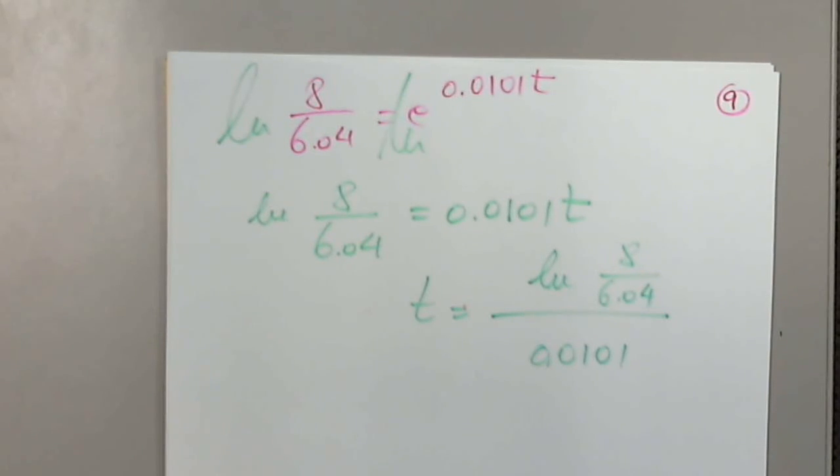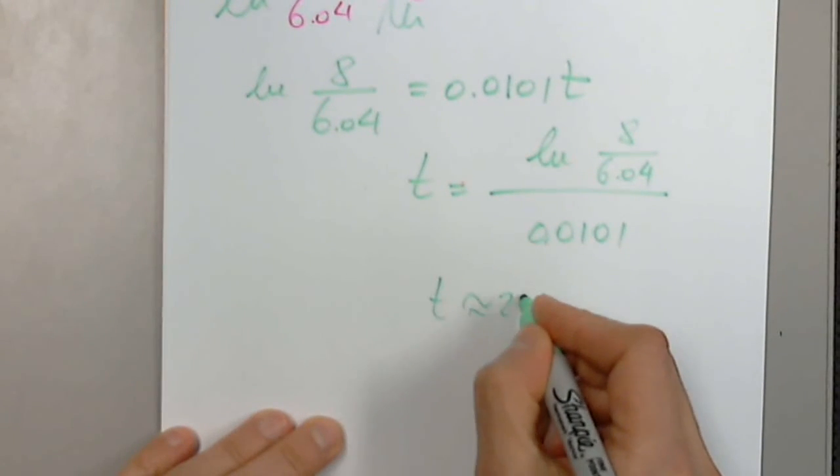So let's do this. Natural log of 8 divided by 6.04, close, and divide by 0.0101. I'm just going to copy the previous answer because I have it. So roughly 28 years.